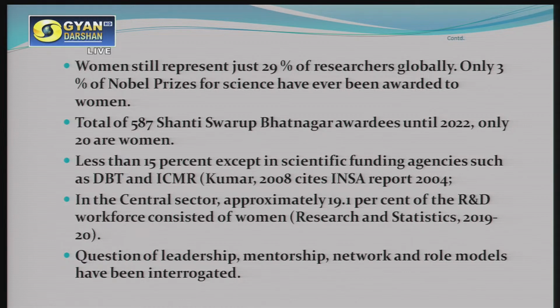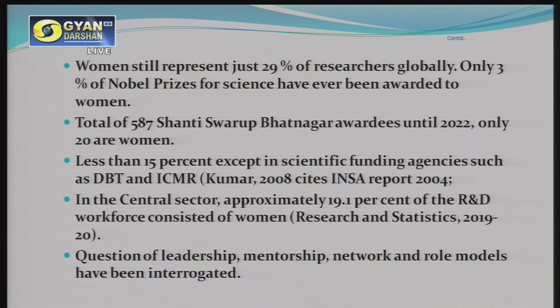When we look at the most prestigious awards like the Shanti Swarup Bhatnagar award, only 20 women from India have received it, and there are less than 15% women in scientific funding agencies, except a few like DBT and ICMR. Recent reports have also pointed out that less than 15% of scientists in scientific agencies are women, except in a few institutions or central agencies.